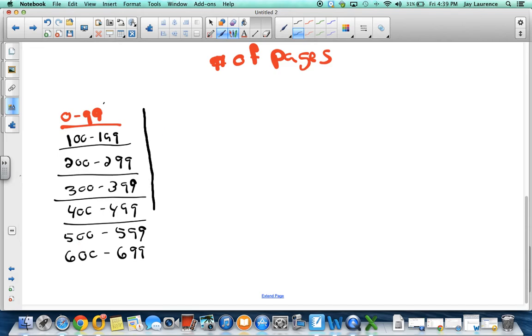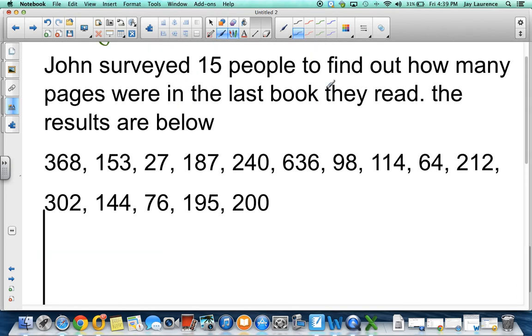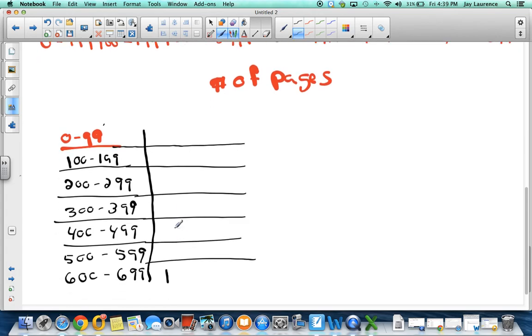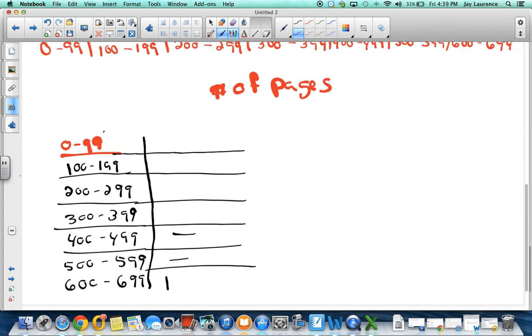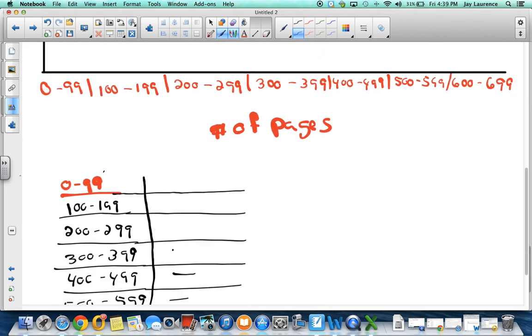Okay, now I'm only doing this so I know how many are going to go in each category. Okay, so I know up here I only have one. And I also think that in the 400 and 500 range I have 0. So I'm going to just put marks there. Okay, 300, looks like I have 1, 2 in the 300 page range.